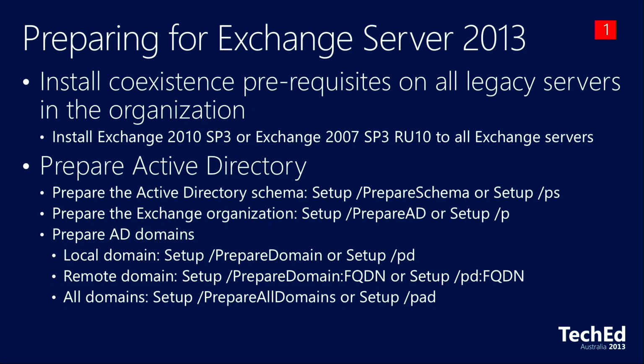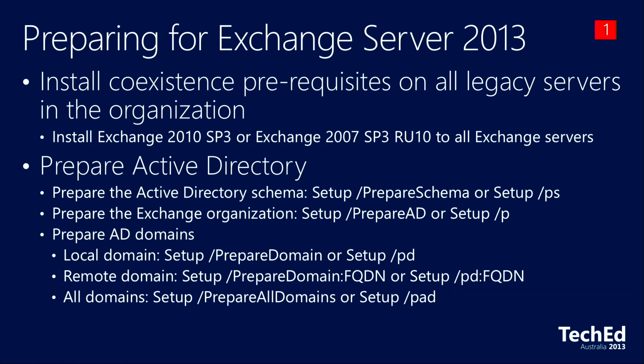If you do it separately, though, you do have to do it in a specific order. That means using PS, or prepare schema, to prepare the Active Directory schema. And that basically involves us making changes vis-a-vis the introduction of new classes and attributes in Active Directory. Then you need to prepare the organization, which gives us the Exchange System Objects container.